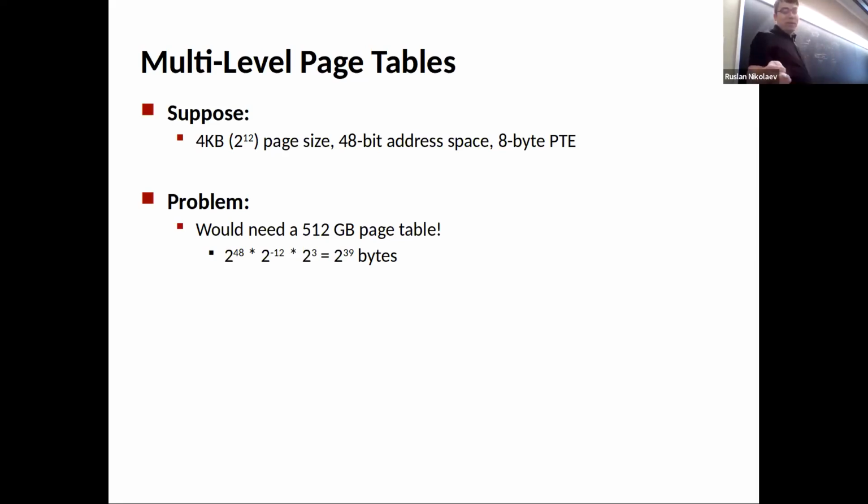My computer has 16 gigabytes. It supports a 48-bit virtual address space, but I cannot even fit one single page table there, right? That's definitely a lot, so we cannot even allocate that page table.